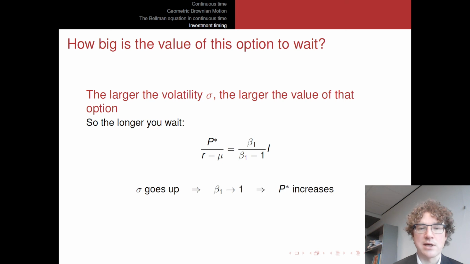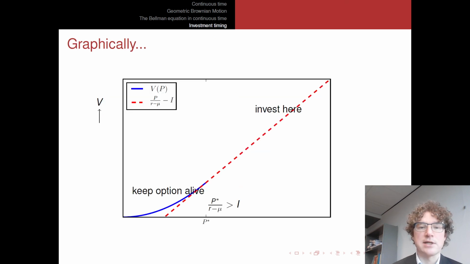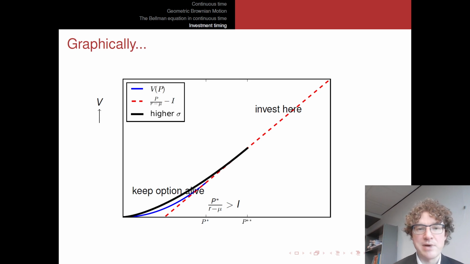What that looks like in a picture is like this. This was what we had for a given sigma. If we take a slightly larger sigma, the beta is going to be different, so this value V of P is going to be slightly different. It's going to be this black line for a higher sigma. Still it matches smoothly to this red line of NPV, but at a higher point.